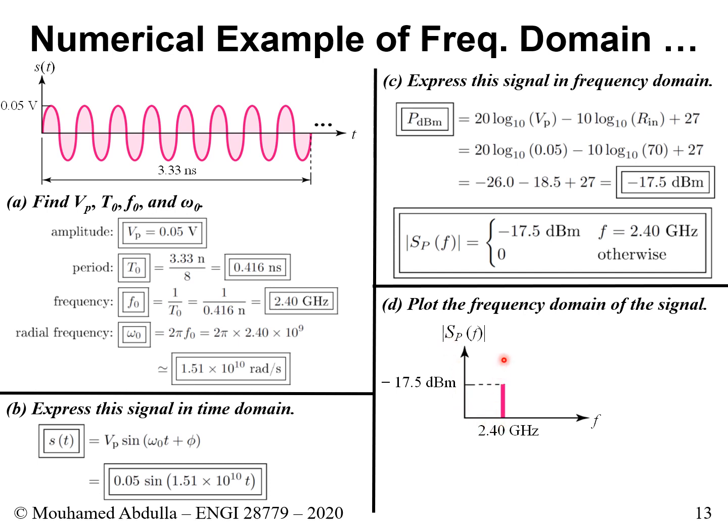And you look for where this is located: at frequency equals 2.4 gigahertz. And it's a spike, so it's just a line, if you will. The height of this line is at minus 17.5 dBm. So this is what we get.